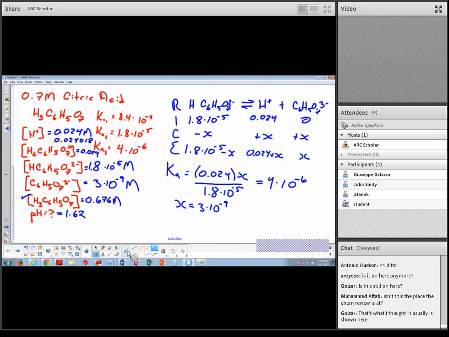How are we doing on time here? All right. So technically, we got about 5 minutes left. I know we haven't gone over KSP stuff yet. Could we do a common ion example? Sure. I've got a common ion one that goes into pH as well.